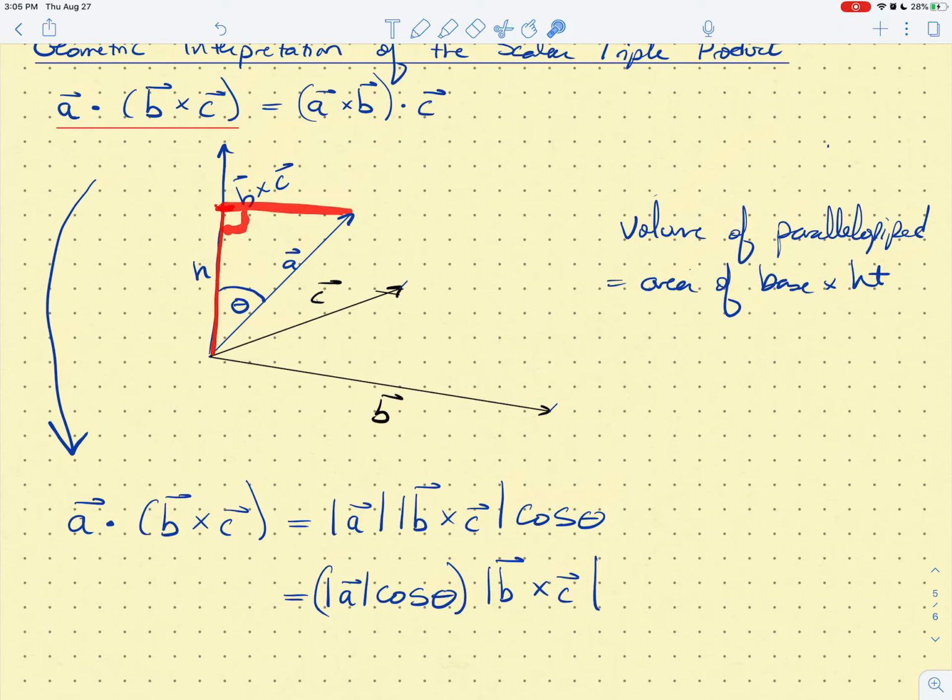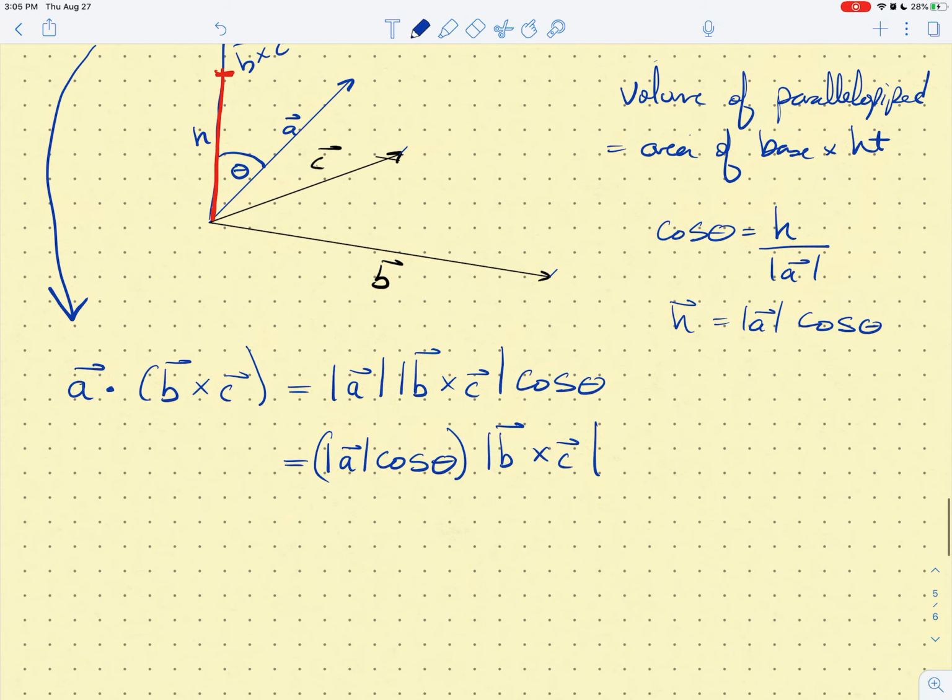I'm forming a 90-degree angle. So think with me, if I do the cosine of theta, I get the adjacent over the hypotenuse. So let's notice that cosine of theta is the height over the length of A, and so that means that my height here is exactly length A cosine theta.